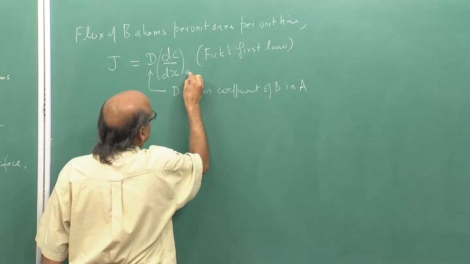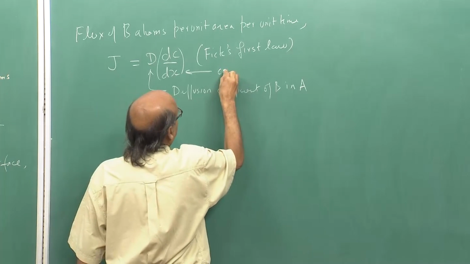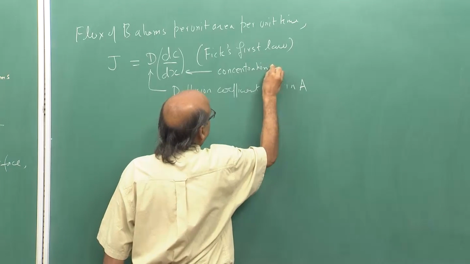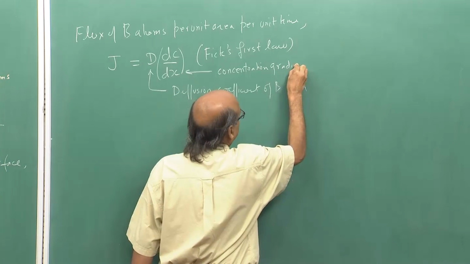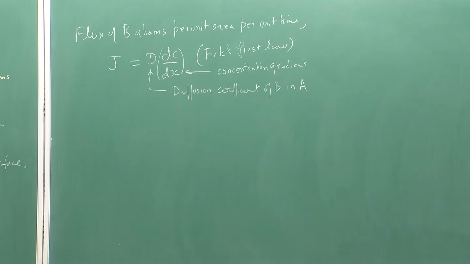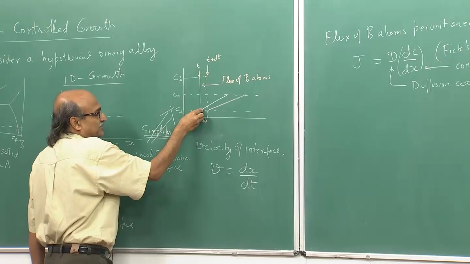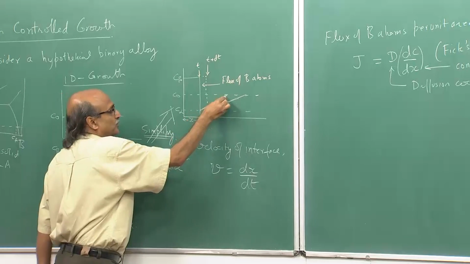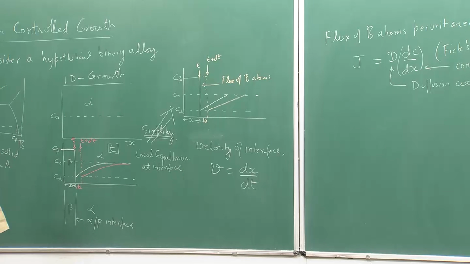dC by dx is the concentration gradient, which in our simplified approach, if you look at this diagram, is a constant because we have assumed a linear profile of concentration.